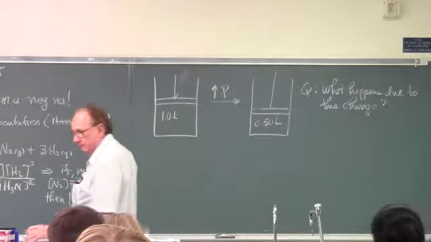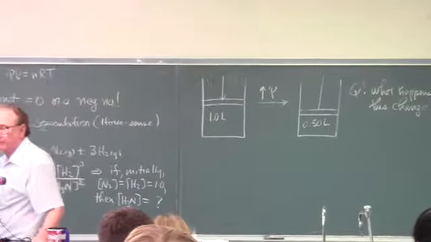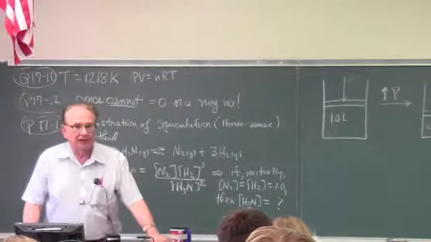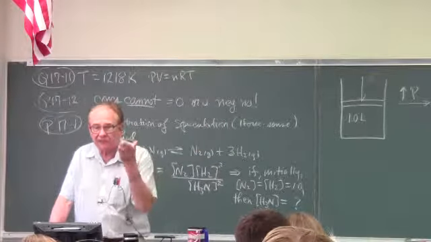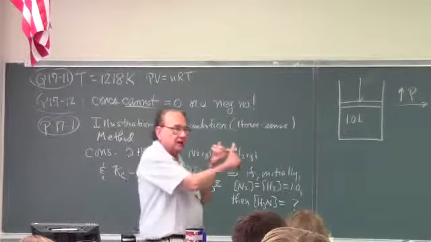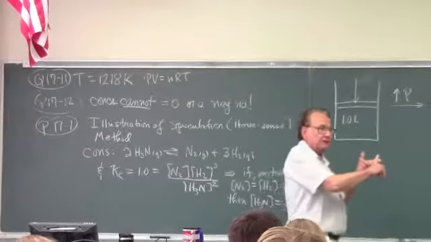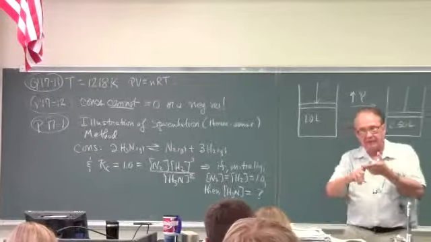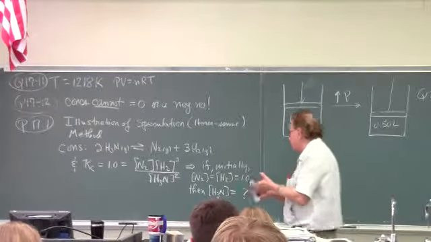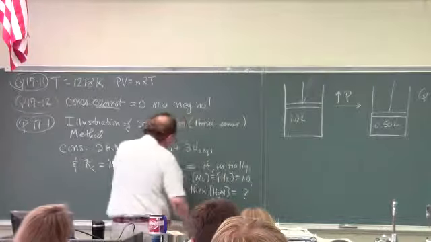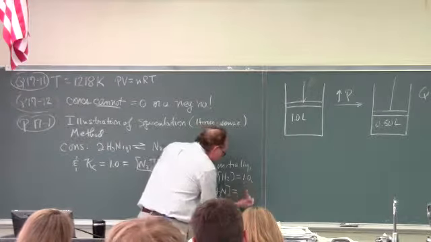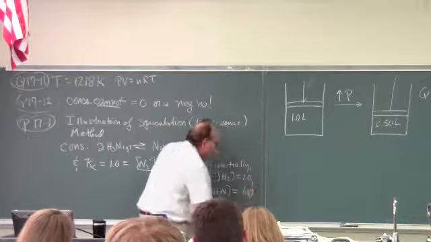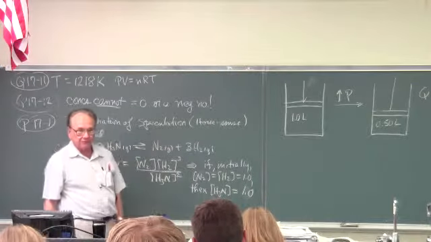Which means, since the volume is 1.0 liters, molar concentration and mole amounts are numerically equivalent. That makes the arithmetic as simple as possible. Nitrogen molarity 1.0, hydrogen molarity 1.0, which establishes that the ammonia molarity must also be 1.0.